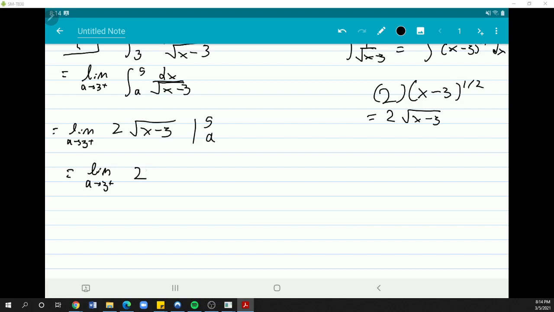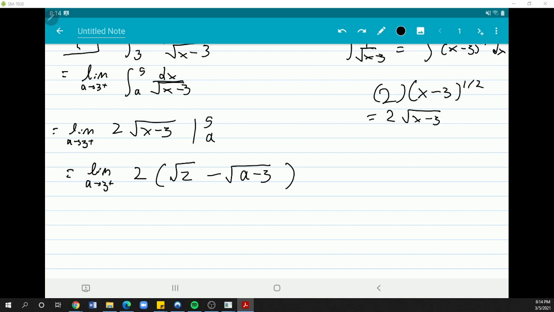Or in other words, the limit as a goes to 3 from the plus of 2 times, if I plug in 5, I get 5 minus 3, square root of 2. And on the other side, I get square root of a minus 3, minus. And the thing to note here is I'm going to 3 from the positives, so a minus 3 is well defined under that square root. That's perfectly fine.